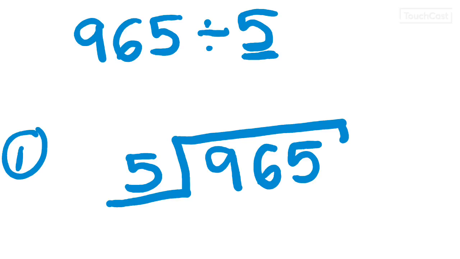Then step 2, we start working through our answers. How many times does 5 go into 9? Well, it goes in once. I know you're all probably shouting at the screen, Miss Hay, we know it goes in once. So we go once, and then there are 4 left over. We pop that down here as our remainder, and we now are looking at the number 46. How many times does 5 go into 46?